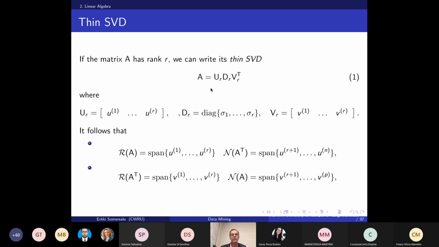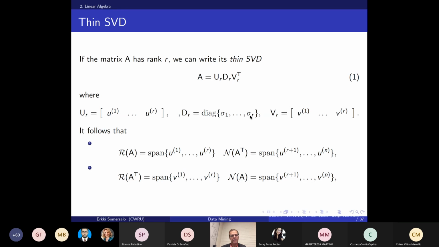Take the singular value decomposition of your matrix A. So you have all the zero singular values there. Then throw away the zero singular values and keep only the non-zero singular values. And then form a matrix D_r, which is a diagonal matrix of size r by r, where you have on the diagonal the non-zero singular values.